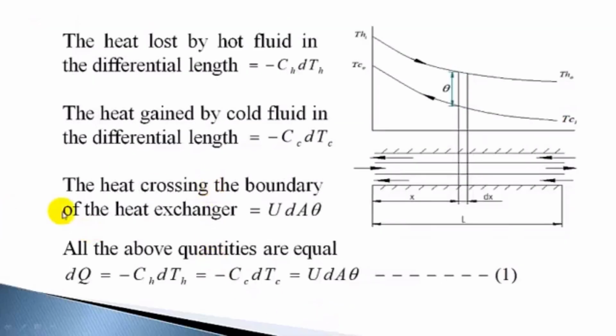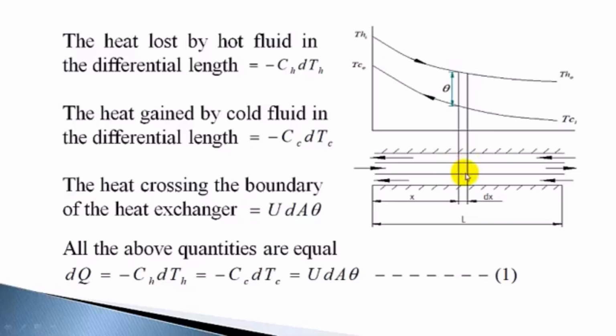Now the heat lost by hot fluid in the differential length. Let us take the differential length; heat is lost by hot fluid from the inside tube. Hot fluid is flowing inside, and from the inside tube heat is flowing to the annular space where the cold fluid is flowing. So the heat lost by hot fluid is equal to the heat gained by the cold fluid, and the same amount of heat is crossing the boundary of the wall of this inner pipe.